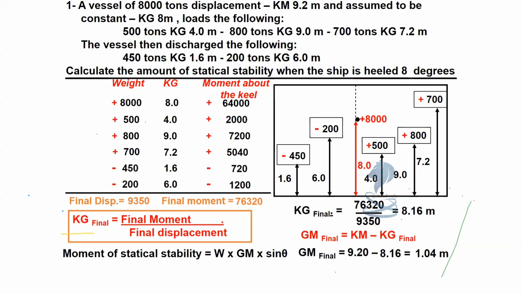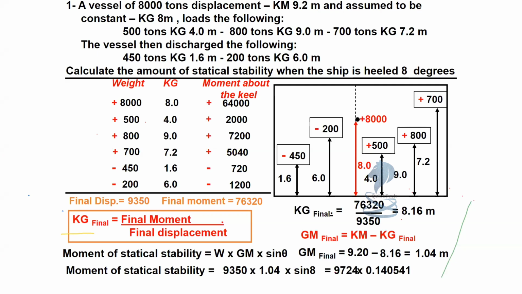To get the moment of statical stability, formula W into GM into sine theta, where W is final displacement, GM is GM final, and theta is heeled angle, that is 8 degrees, we get the moment of static stability is equal to 1366.62 tons meter.